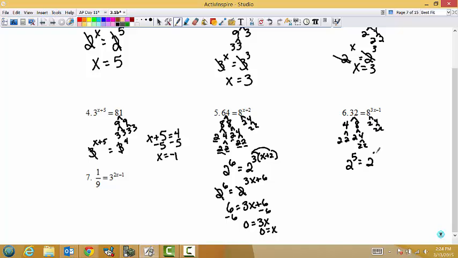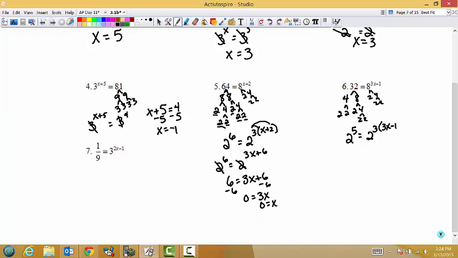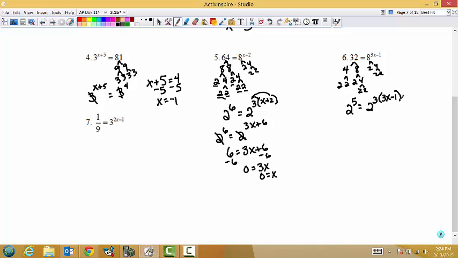So that's 3 twos, and 3x minus 1. So the 2's die. So 5 equals 3 times 3 is 9x, 3 times 1 is 3. And then I add 3. 8 equals 9x. x equals 8 over 9.